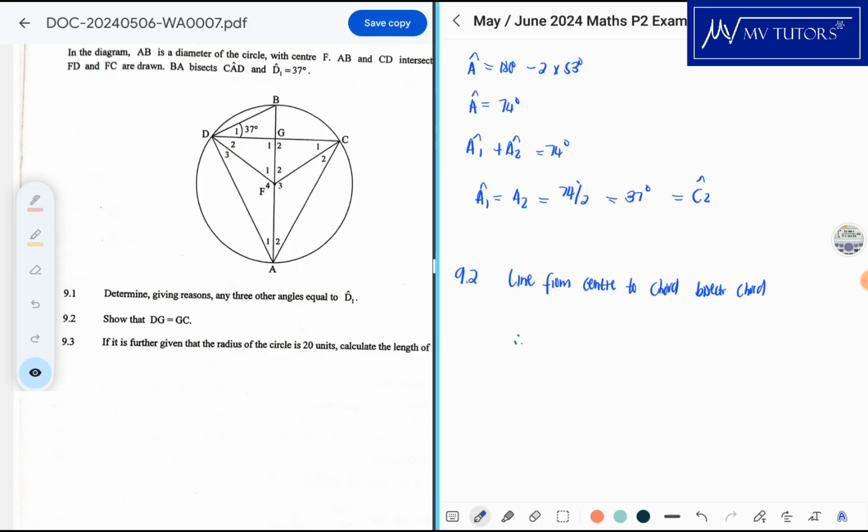Therefore, DG is equal to GC. How do they put it? Yes. So what else do they want from us? Okay, but anyway, let's do it this way.